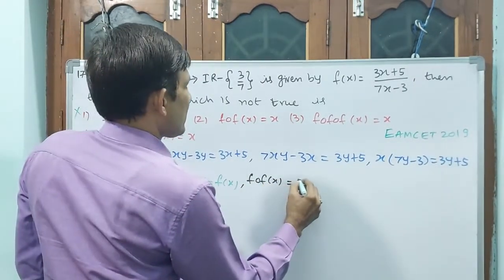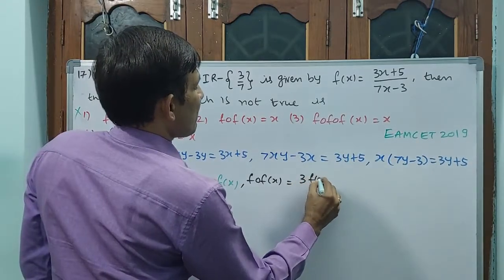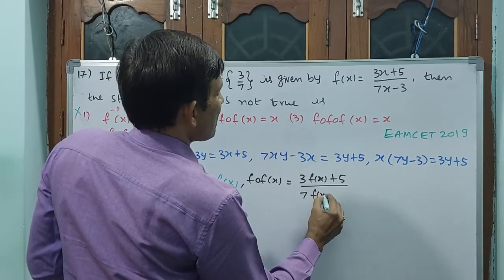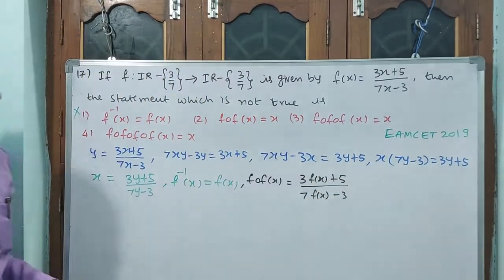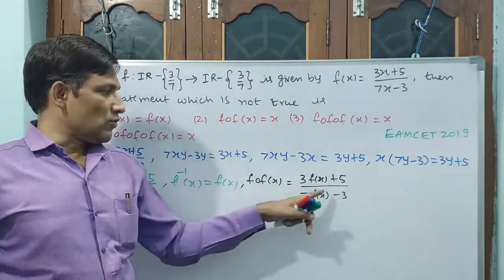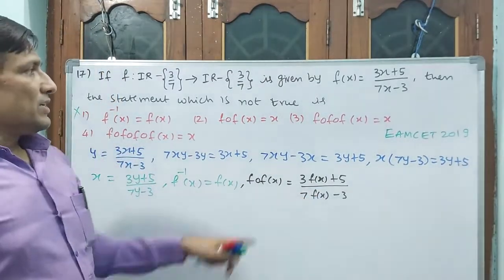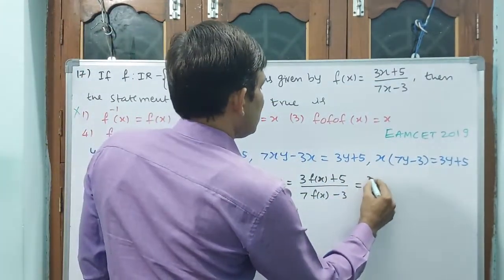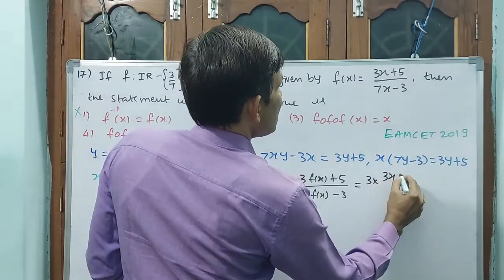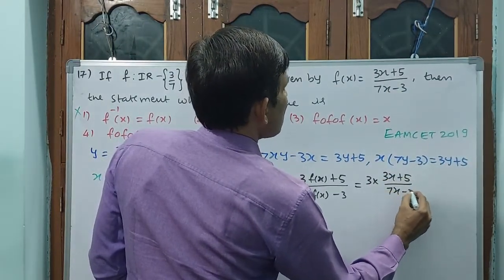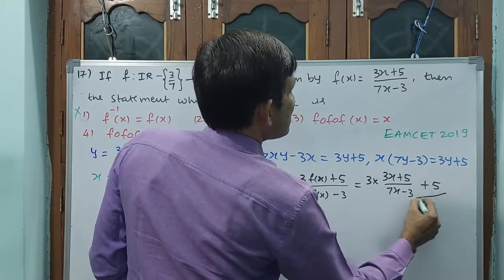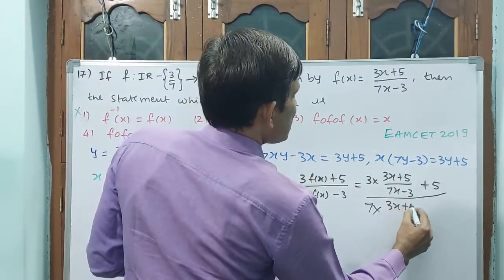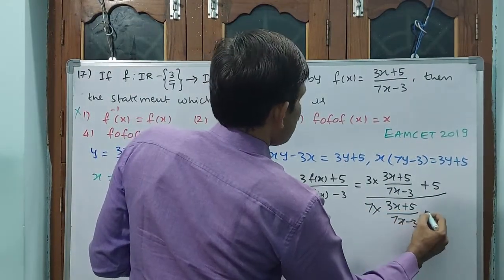Okay, see, 3 into f of x plus 5 by 7 into f of x minus 3. Is it okay? Why? Because see, f of f of x means in function f you have to give f of x. Okay? But you see here, f of x is 3x plus 5 by 7x minus 3, that you have to write again. You see 3 into 3x plus 5 by 7x minus 3 plus 5 divided by 7 into 3x plus 5 by 7x minus 3.